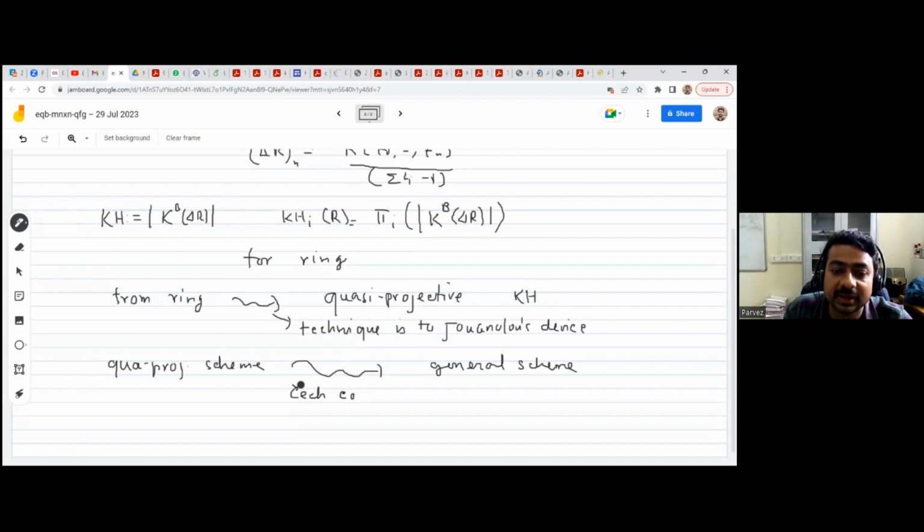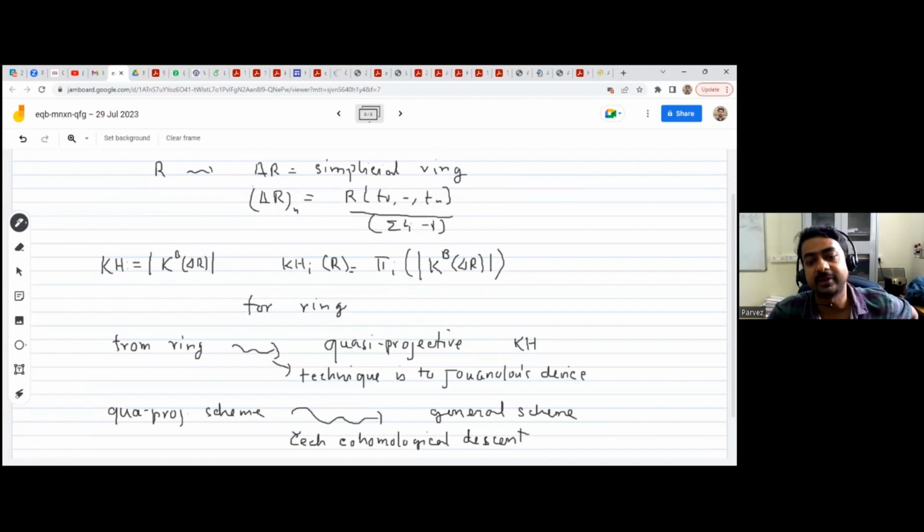Then he defines it for general schemes. So finally, homotopy K theory is defined for any scheme.